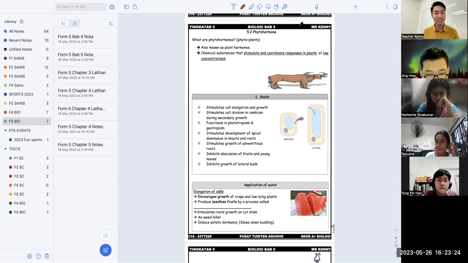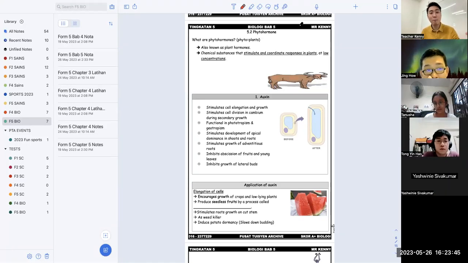Aldosterone, good. Who controls your sugar level? Insulin, yes, Yashini. Okay, insulin, glucagon, GnRH, all of this are human hormones.